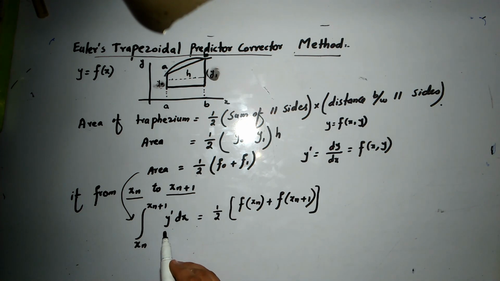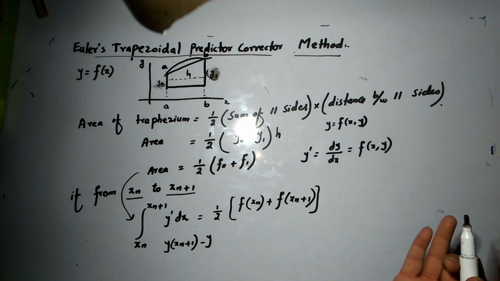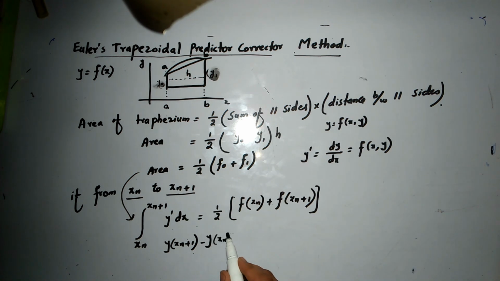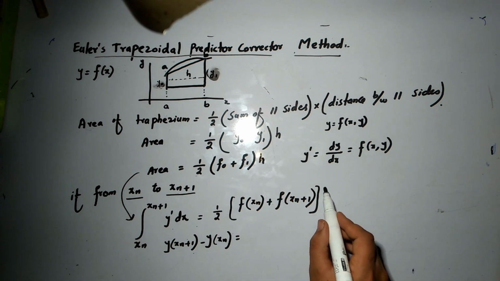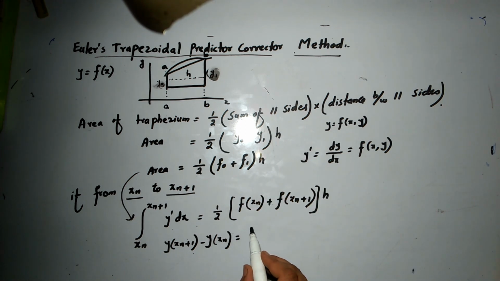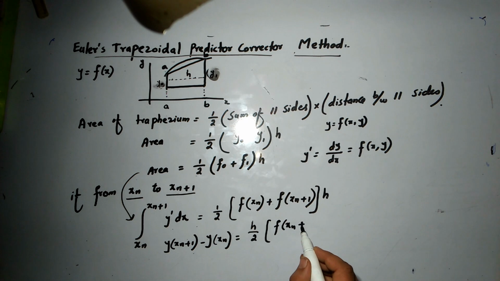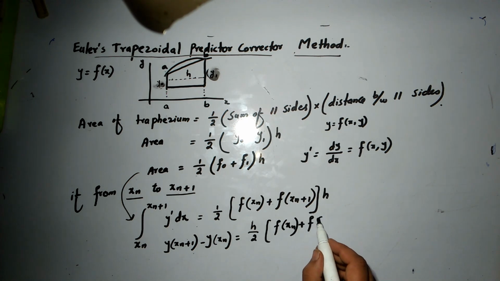After simplification, putting in the upper and lower limits, this will become y of xn plus 1 minus y of xn, and this expression will be multiplied with the height. So this will become height over 2 times f of xn plus f of xn plus 1.